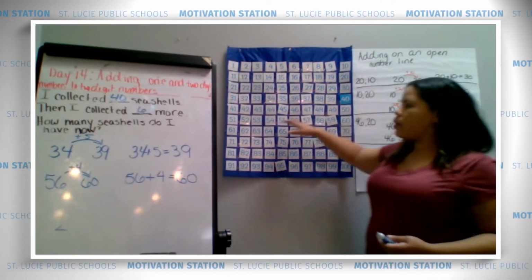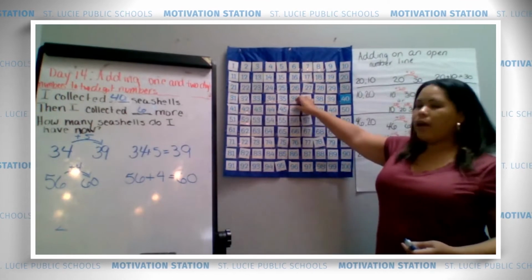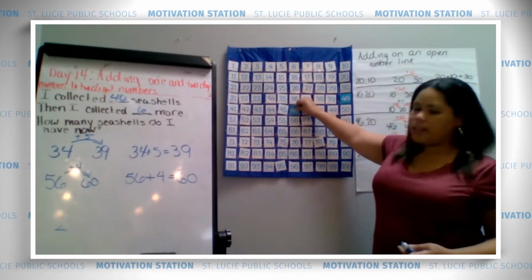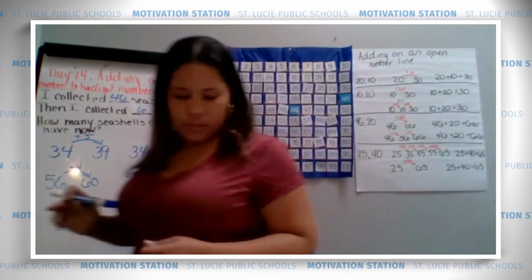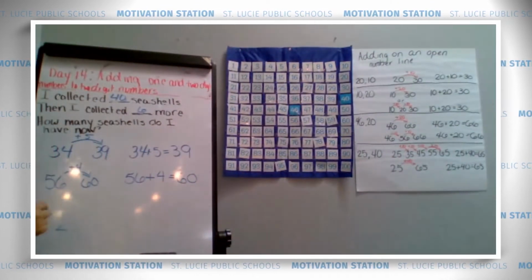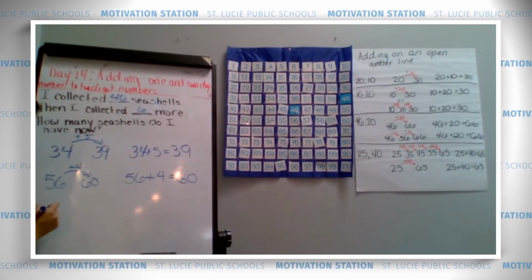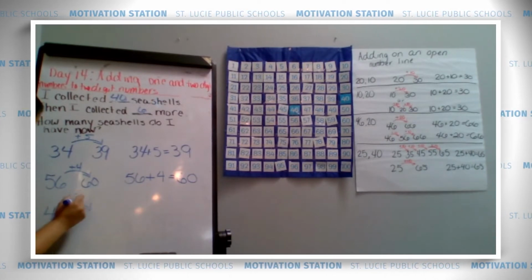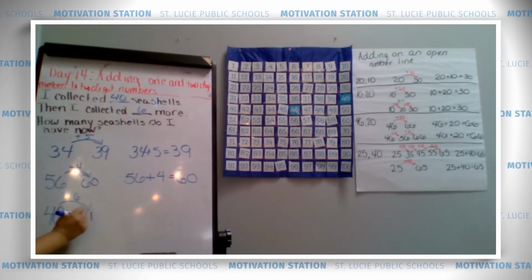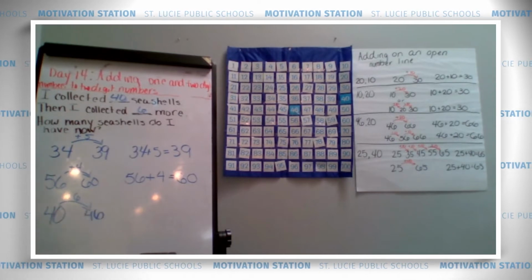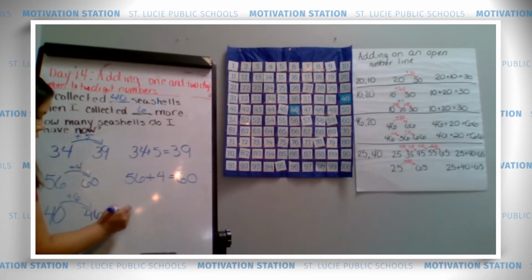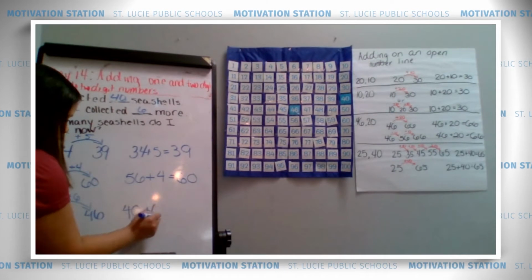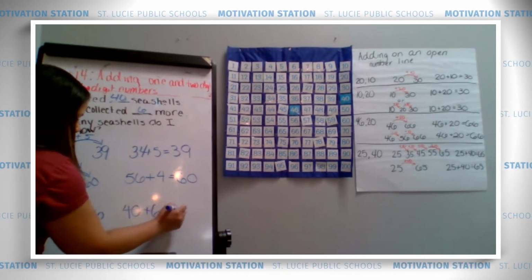So all 6 are going to spill over into this row, ending us at 46. How can I show this on my open number line? Plus 6 ends us at 46. Right? And as an equation, 40 plus 6 equals 46.